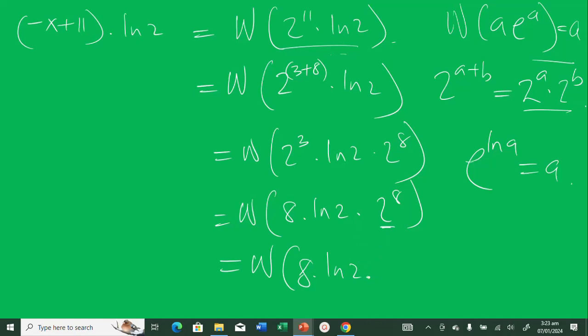So now we will have e to the power natural log 2 times 8, this 8 times this 8. So I've changed these two to this form. So now let me erase this. Okay, now let's change this to this. So now we have 8.